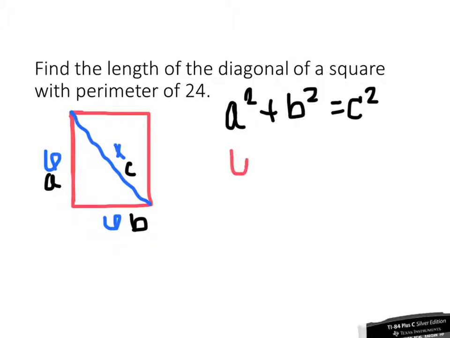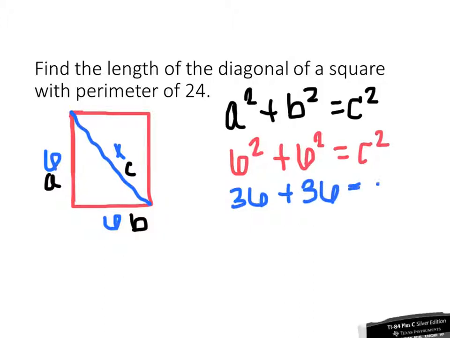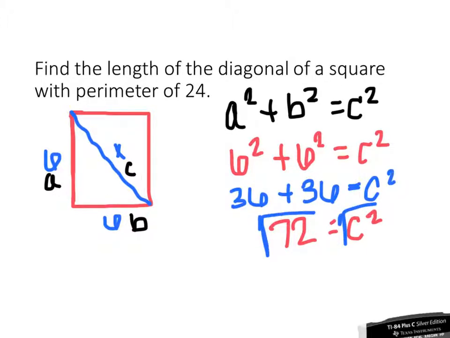Our A value is 6, so it's 6 squared, plus our B value, which is 6 as well, so 6 squared, is equal to C squared. 6 squared is 36, plus 6 squared, which is 36, equals C squared. 36 plus 36 is 72, and that equals C squared. And remember, to get rid of the square, we take the square root. So the square root of 72 is equal to C.